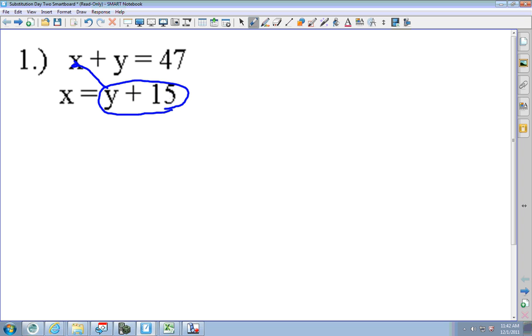So I'm going to go up here to x and take x out, and rewrite this equation. Instead of x, I'm going to put y plus 15, and then write the rest of this equation: plus y equals 47. All I did was take x out and replace it with y plus 15.